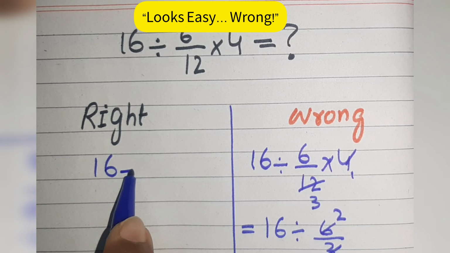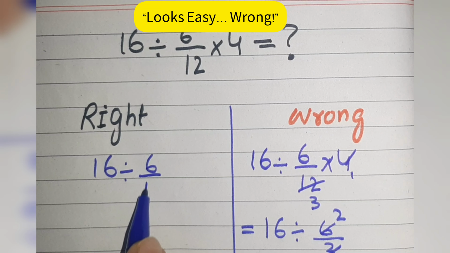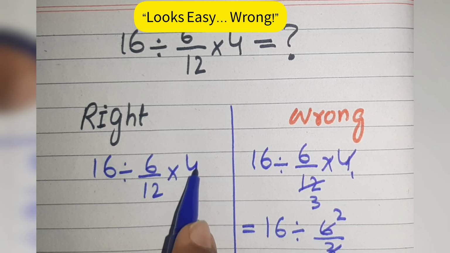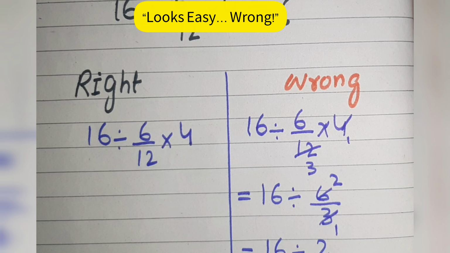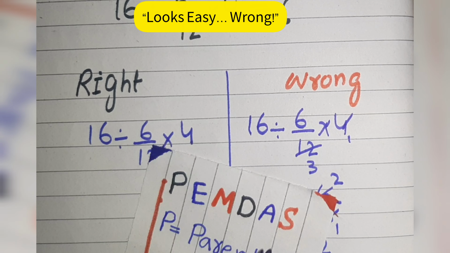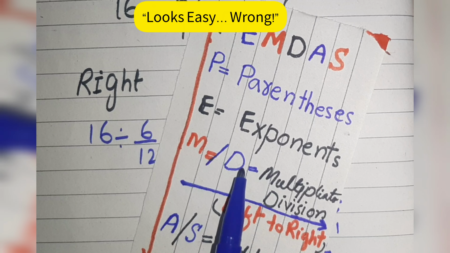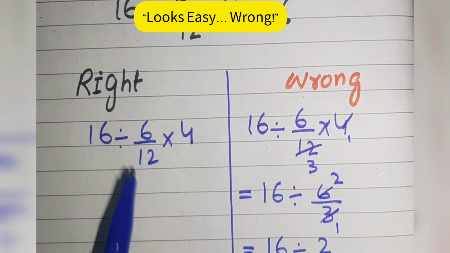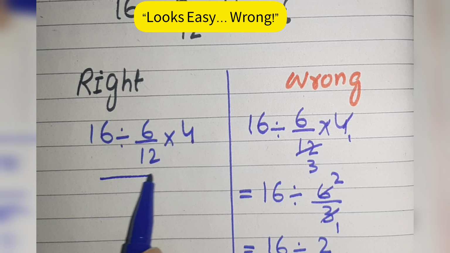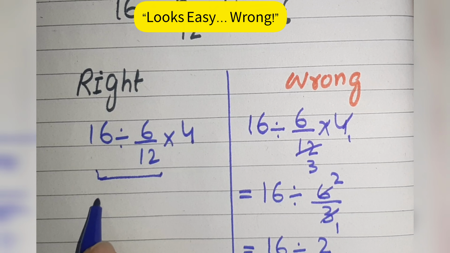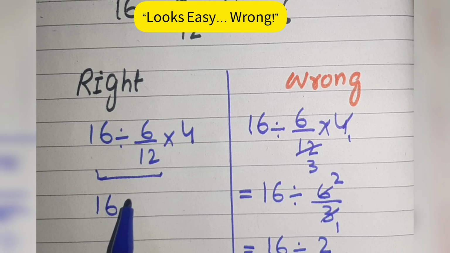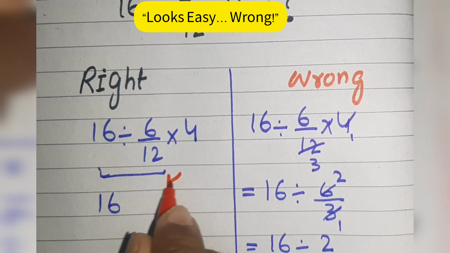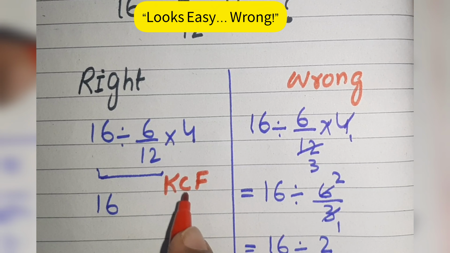16 divide 6 over 12 times 4. First we solve division. So division, 16. Now here KCF.